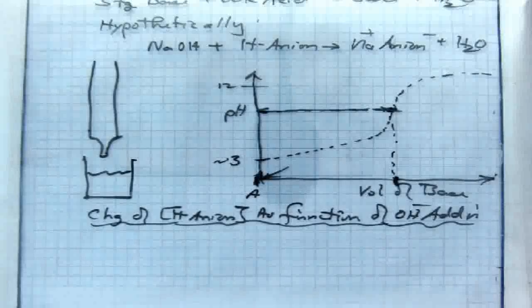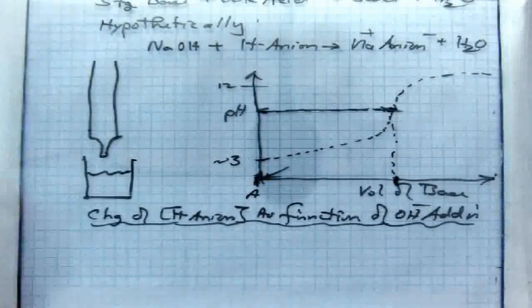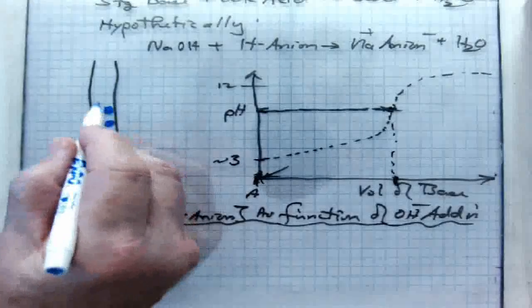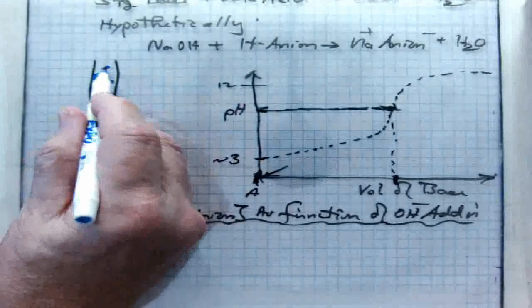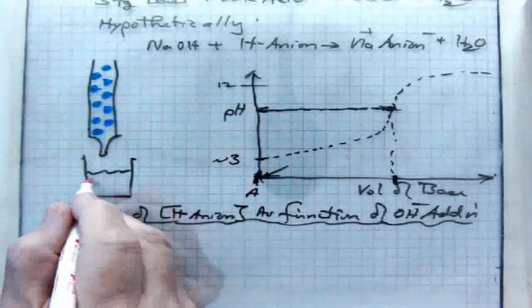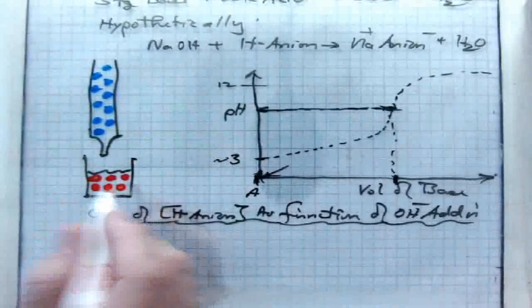And in the beaker, you have this collection of acid molecules, weak acid, right? And as we add the base into the acid, it's going to convert to the salt. Now, the salt is going to be purple. The acid is going to be red. And base blue in our legend there.